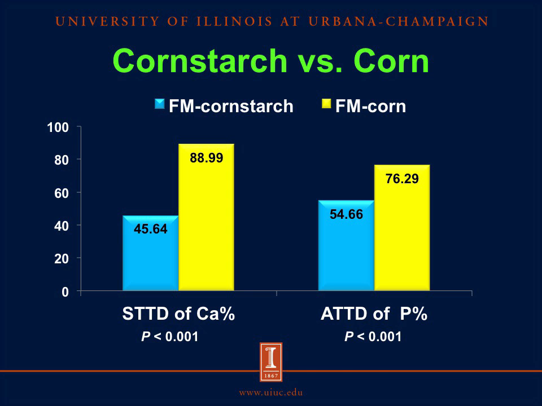One possible explanation for this observation is that soluble fiber from corn gets fermented, and the production of short-chain fatty acids lowers the pH, enhancing the solubility of the minerals, which increase the digestibility of calcium and phosphorus.